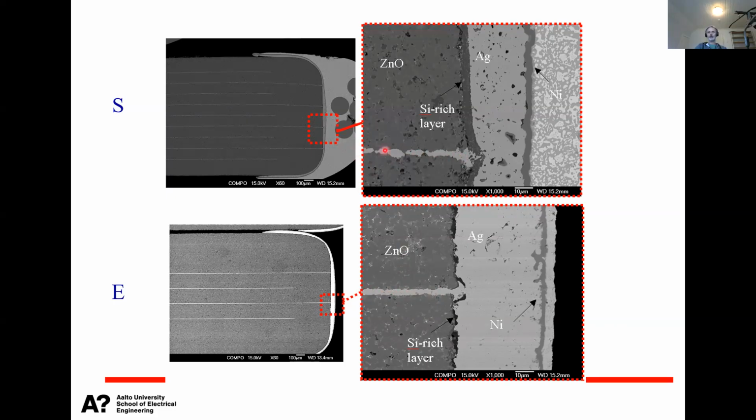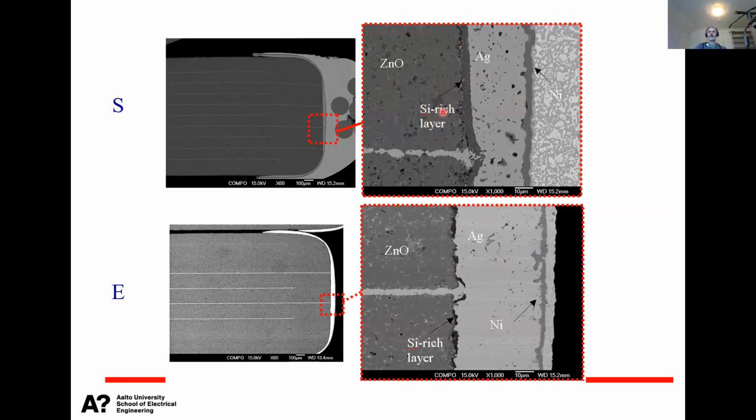In fact, that was not the primary reason. There are also two additional differences. First is that this S component had a thinner silver layer, as you can see from here. And there's also a thicker layer here than here, which contained silicon. So I'm calling it only the silicon-rich layer.